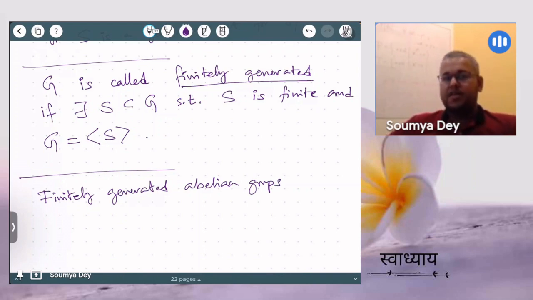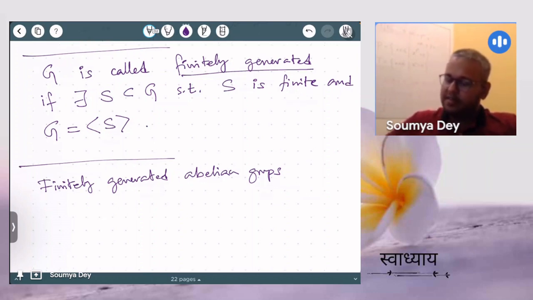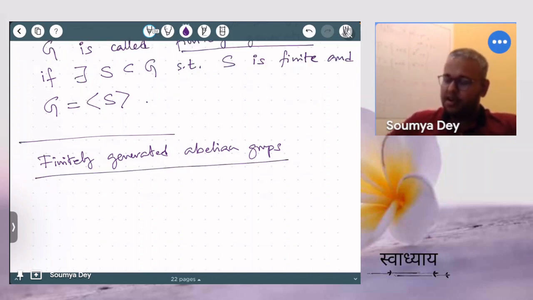So these are abelian groups having some subset as a generating set which is finite. Some examples: we have already seen Z is finitely generated, right? Because you have singleton 1, which is a finite set, and that generates Z.